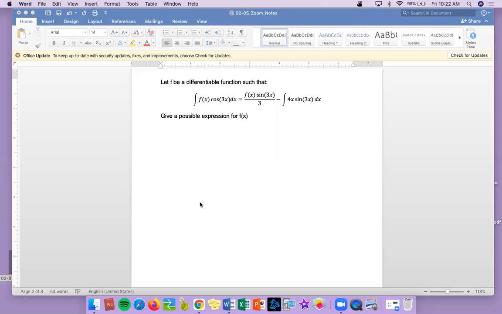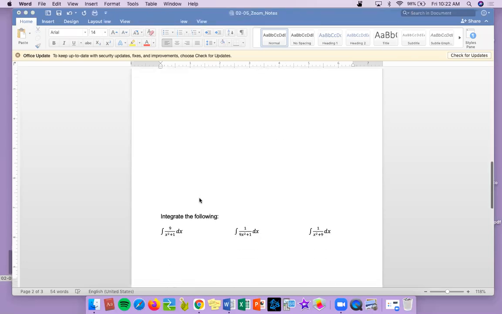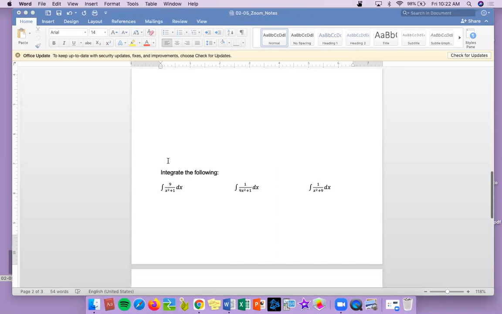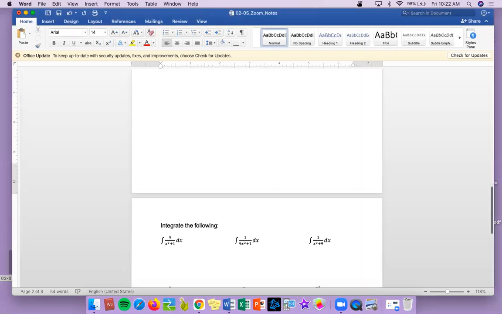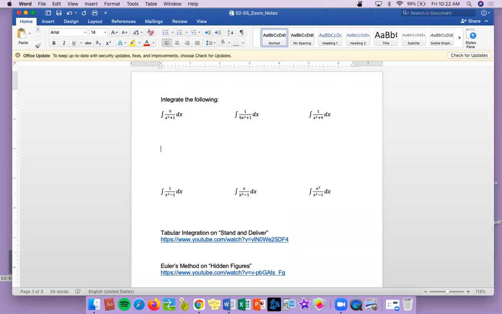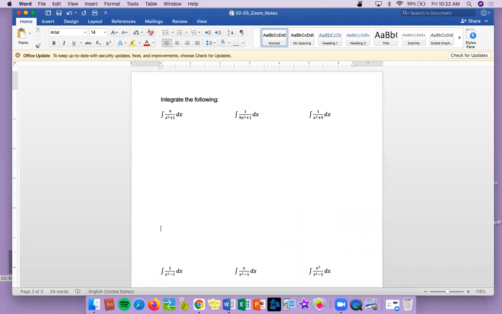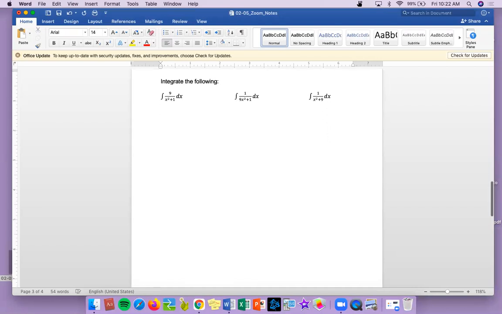All right. Integrate the following. What I want you to see is there is remarkable similarity between these things, and how are you going to reconfigure them so that you can successfully integrate?